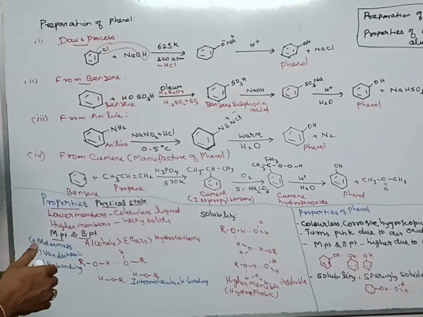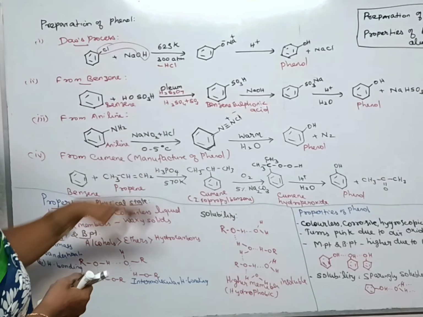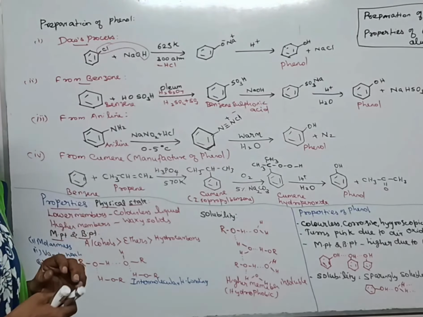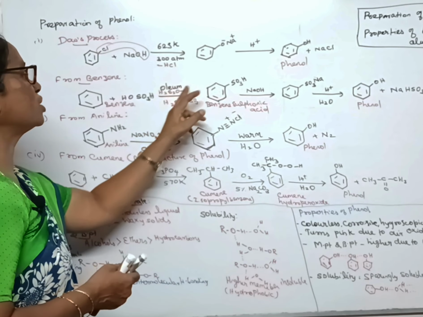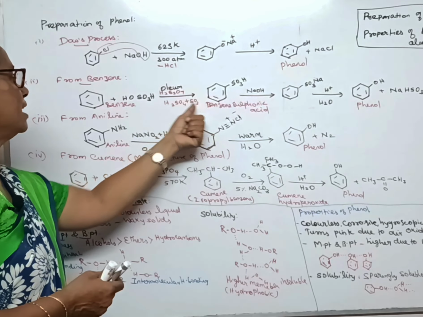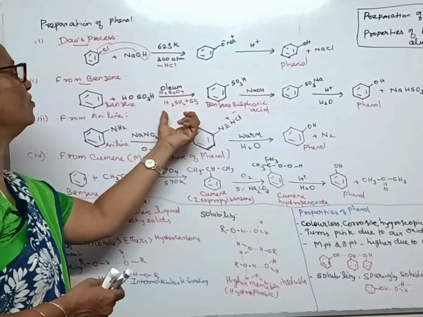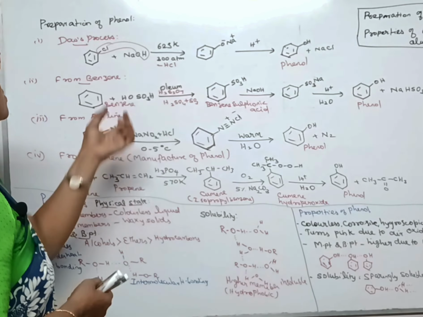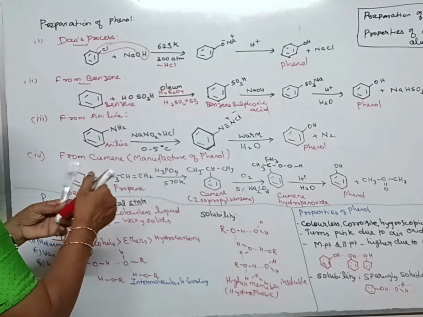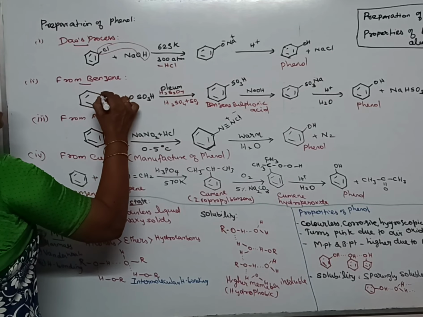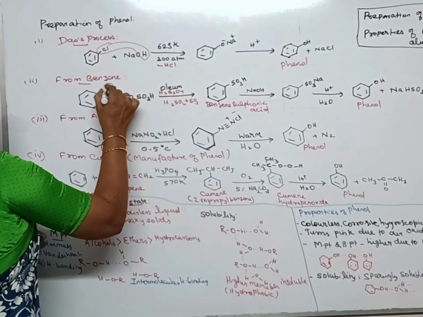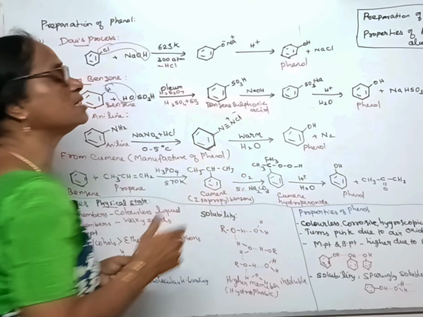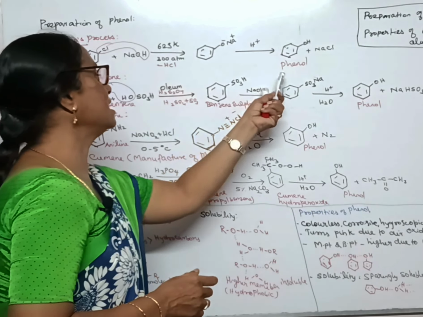Then from benzene. Benzene is first of all converted into benzene sulfonic acid by treating with oleum. Oleum is H2S2O7. When sulfur trioxide is passed through sulfuric acid, we get oleum, a much stronger acid compared to sulfuric acid. This sulfuric acid combines with one of the hydrogen atoms of the benzene, which is removed as a water molecule, and hence we get benzene sulfonic acid.